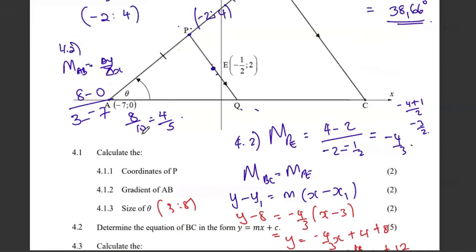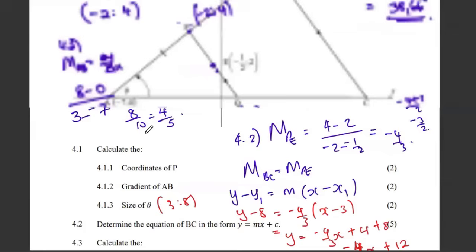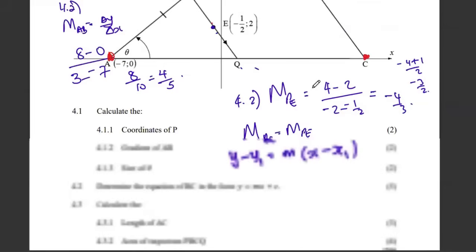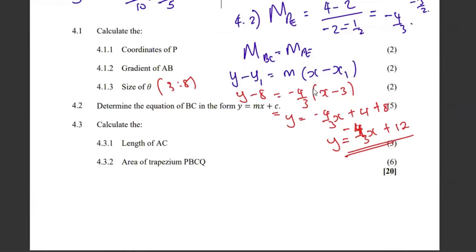And then 4.3, calculate the length of AC. Okay, so we have this coordinate. We only need the coordinates of C. But we know that C is the x-intercept where y must be 0. So let's replace y with 0 there. So 0 is going to be -4 over 3x plus 12.